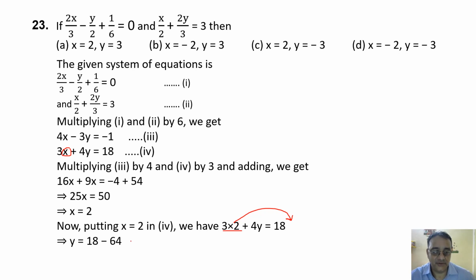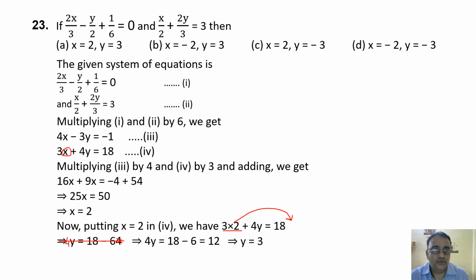Oh, this is 6 only. एक मिनट मिस्टेक हो गया. 4y is equal to 18 minus 6, that is 12. तो इसकी जरूरत नहीं है, फिर इसको कट कर देते हैं, right? So y is equal to 3, right? So which option is the correct one? Option A. Option A, right?